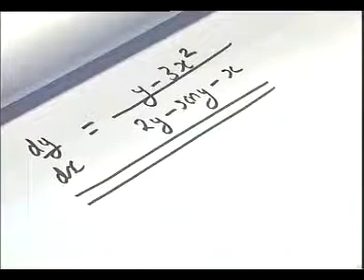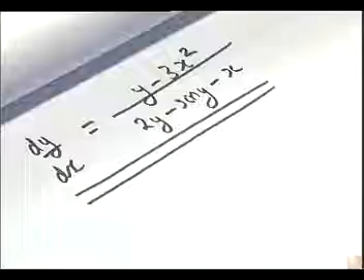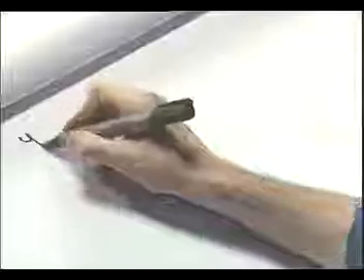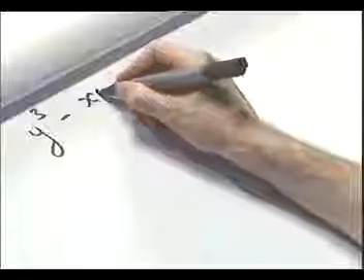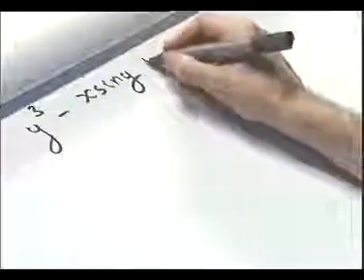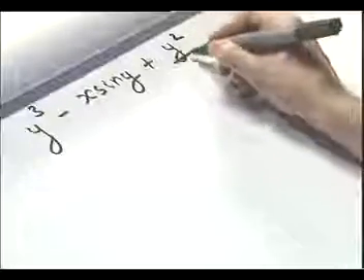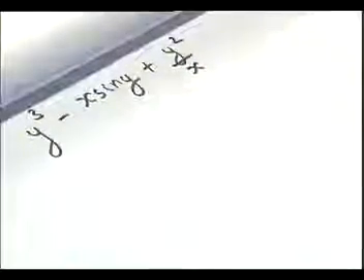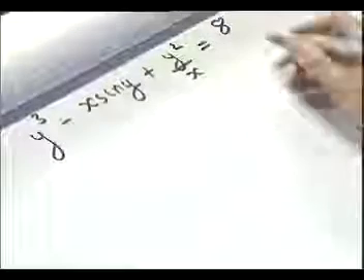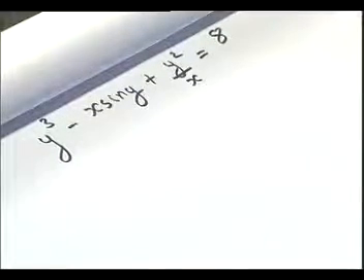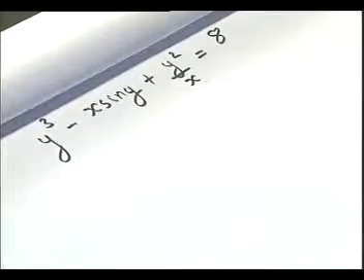Let's just take one more example. Y cubed minus x sine y plus y squared over x equals 8. Again, all the x's and y's bundled up together.